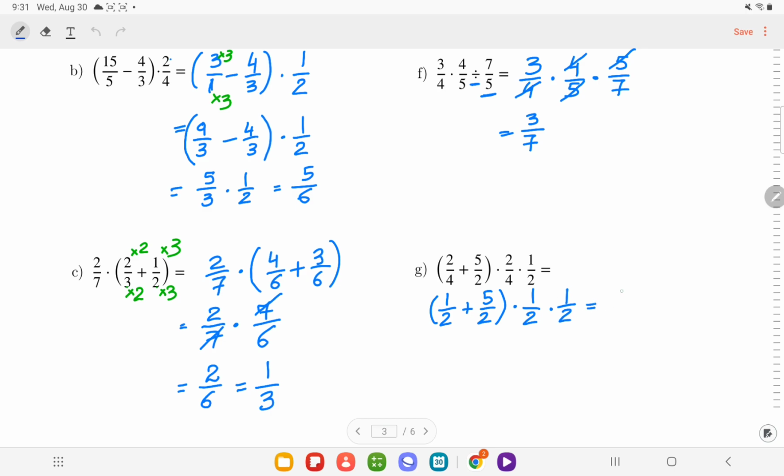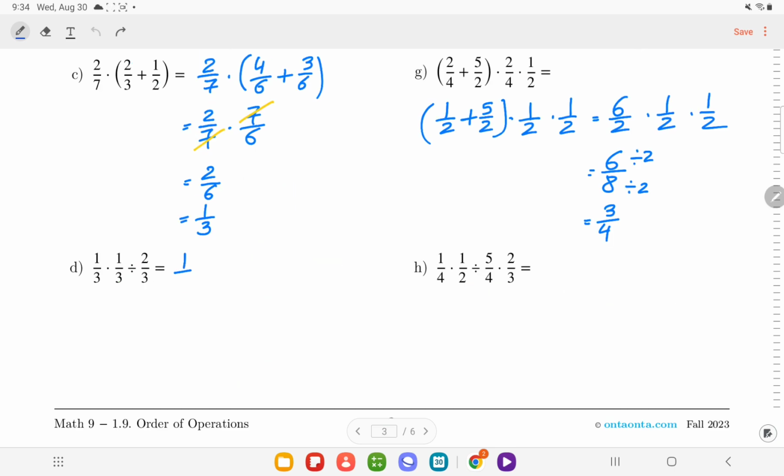We get 6/2 times 1/2 times 1/2. We can, of course, change 6/2 to 3, or we can keep it as 6/8 and reduce it at the end. Divide by 2, divide by 2. The final answer is 3/4.